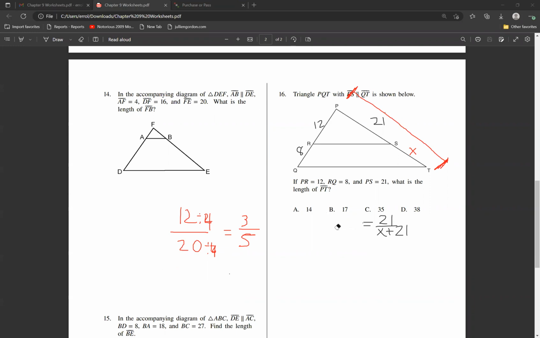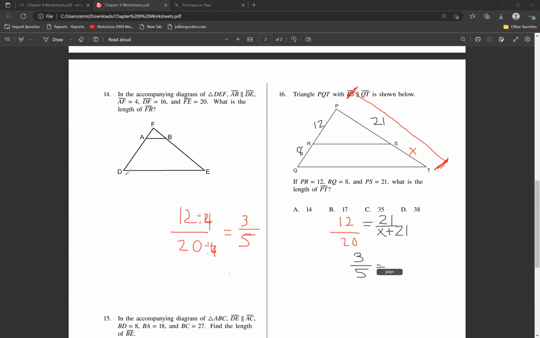You could have left the first fraction. So this will be 12 over 20, and then on the next line, you'll reduce it to 3 over 5 here. Equals 21 over x plus 21.